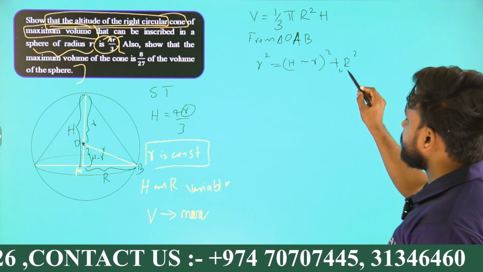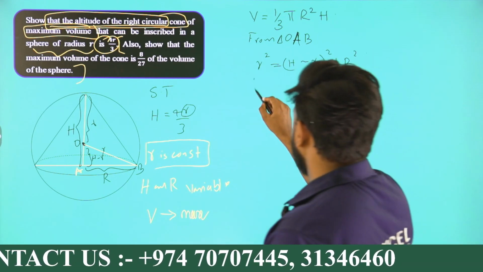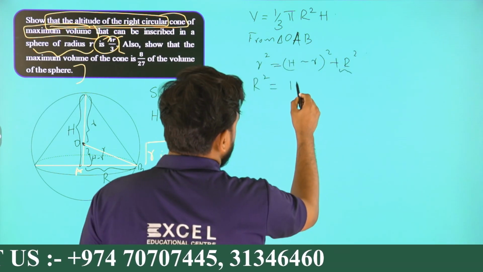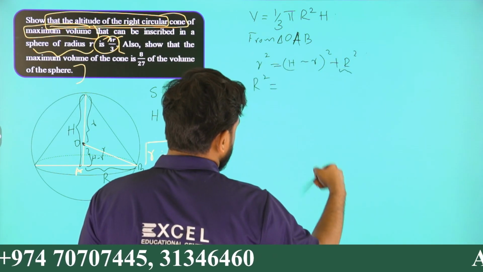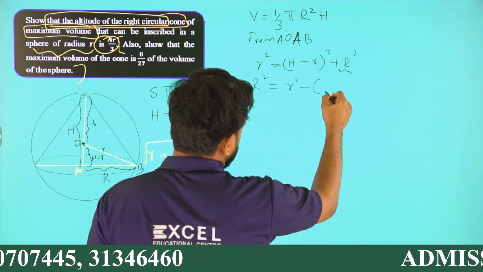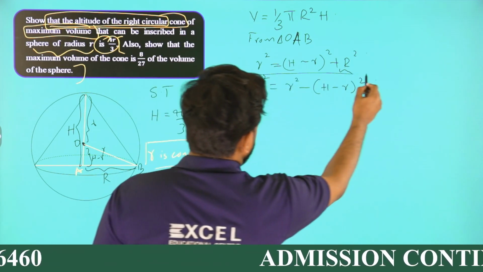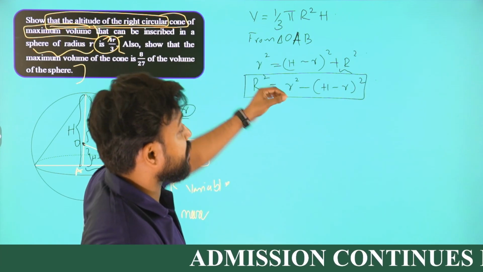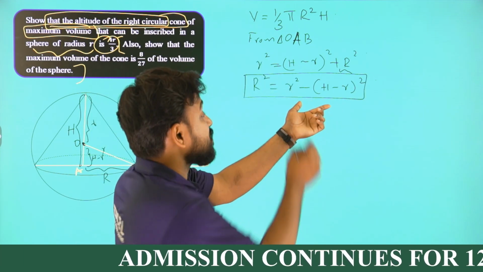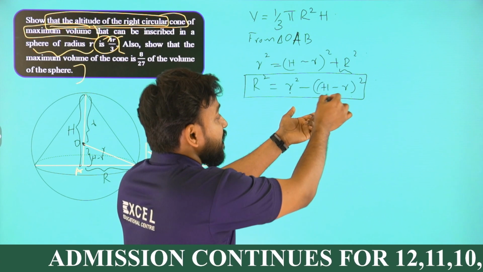From here I can create capital R square. So capital R square is small r square minus capital H minus small r the whole square. So you got an equation of capital R square in terms of small r square, and small r square is constant and H is a variable.